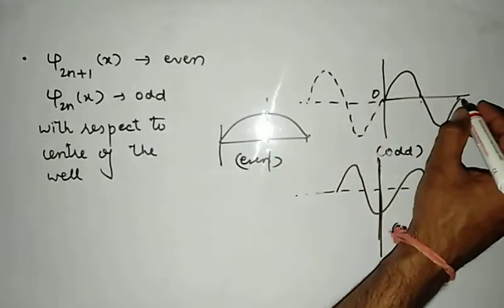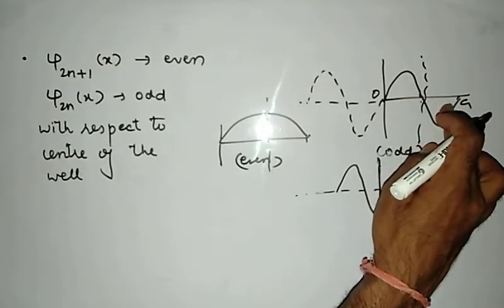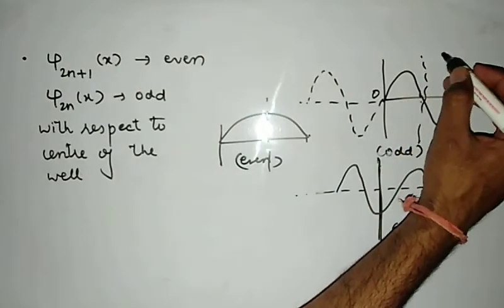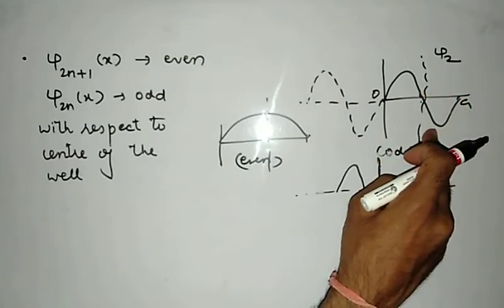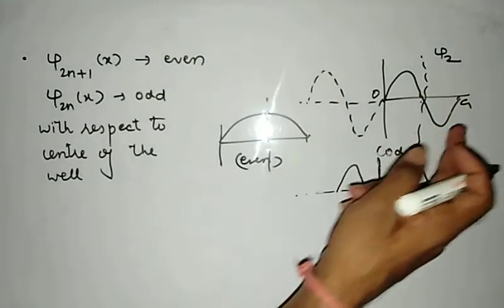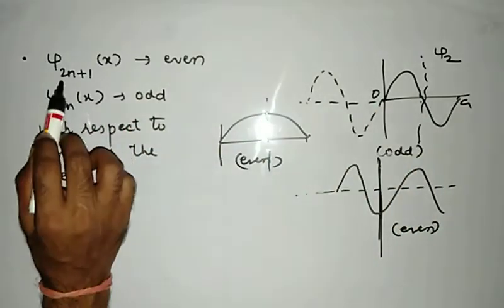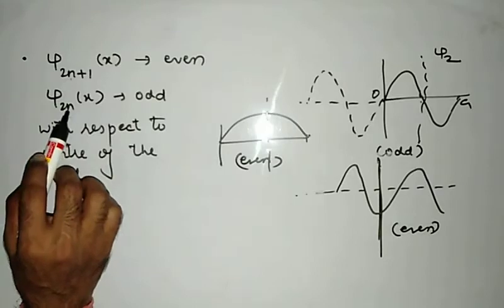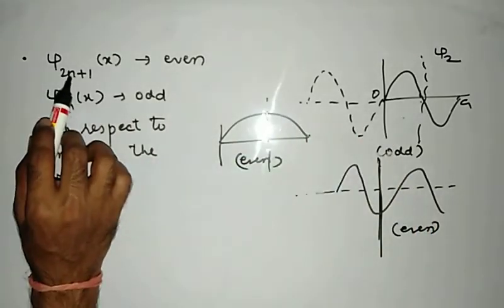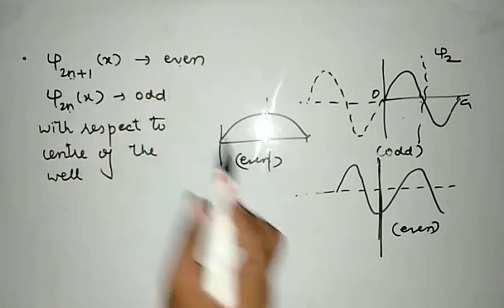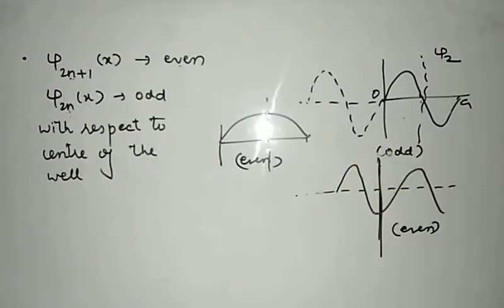Drawing from 0 to a, this is, if you remember, psi 2, that is for n equal to 1, psi 2. This will be odd. For psi 1, if you put n is equal to 1, for psi 2 this is odd. But if you put n is equal to 1, psi 3, this is even. What is psi 3? Psi 3 is this one, obviously, and this is even.